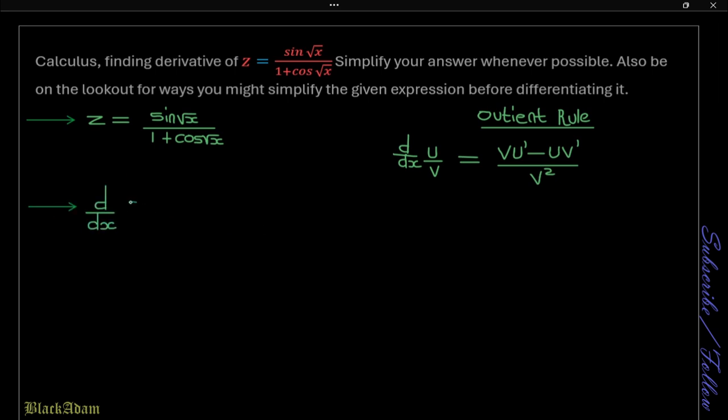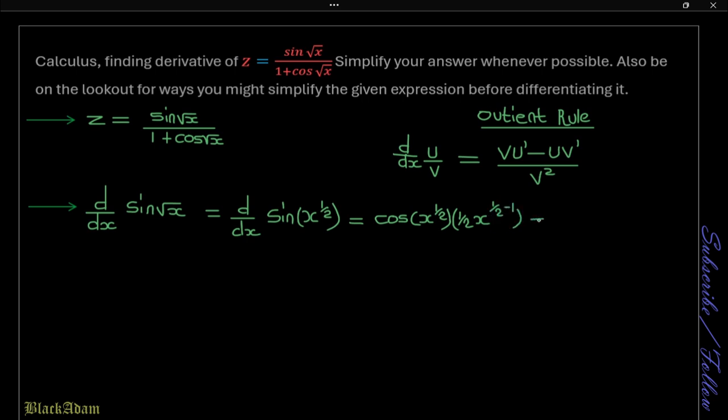Let us do the numerator, which is sine root x. Deriving that: d/dx of sine of x to the power half, that's root x, is cos x to the power half multiplied by half x to the power of half minus 1.